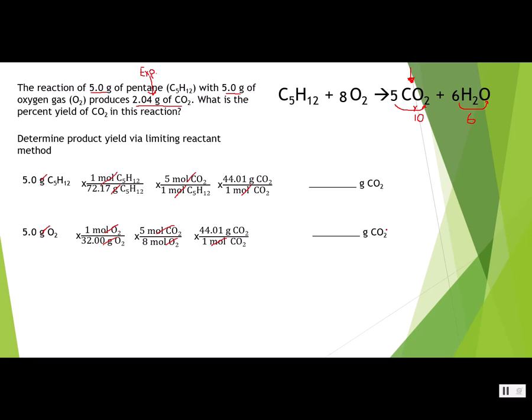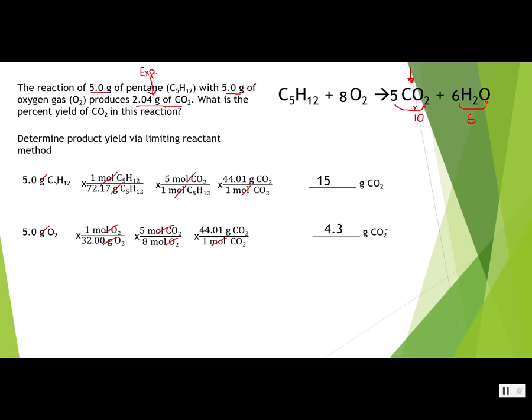And so putting those 2 separate calculations in your calculator, you should, for the pentane, get 15 grams. And for the oxygen, you should get 4.3 grams. So from that information, you can determine what your theoretical yield is, and also your limiting reactant.